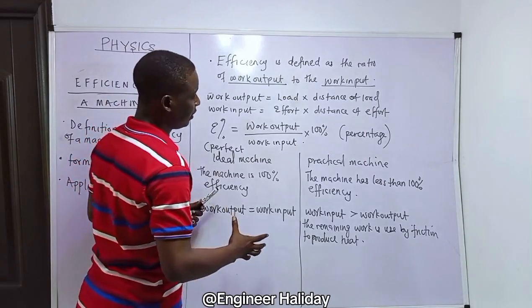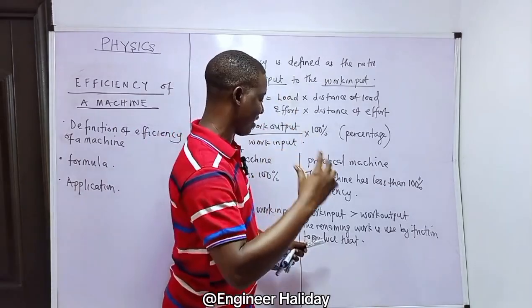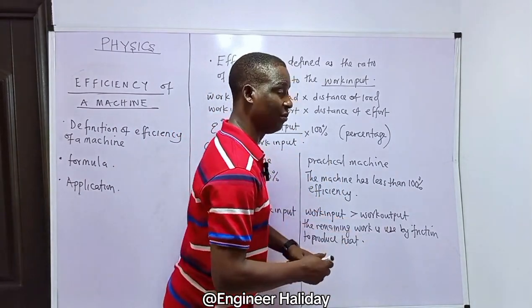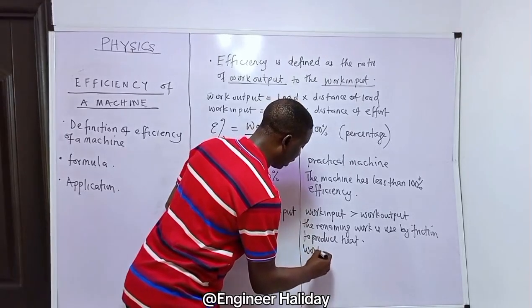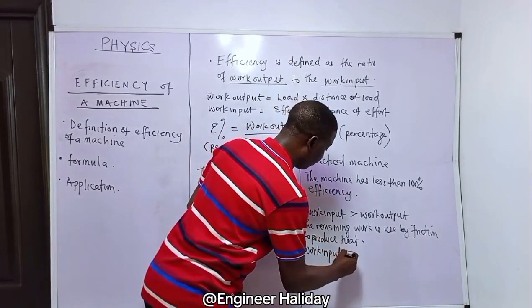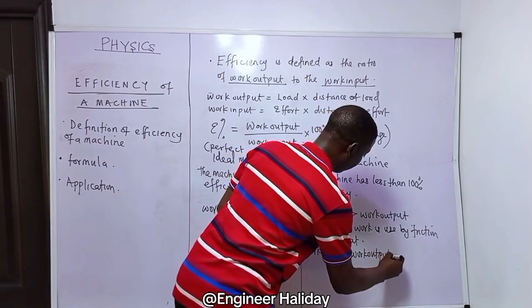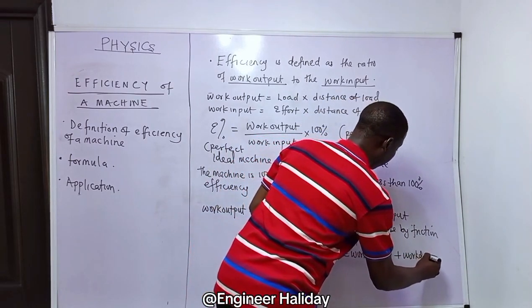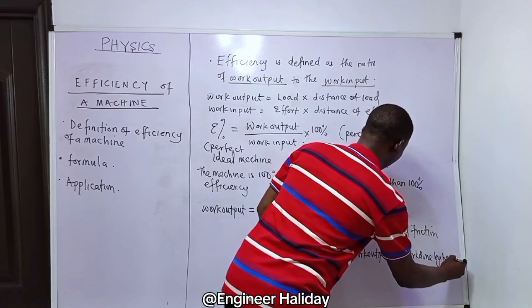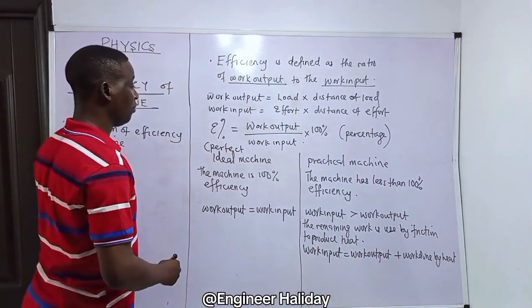So the working parts, the rubbing parts, the moving parts produce friction, which makes the work input greater than work output. So work input is equal to work output plus work done against friction. So that is the efficiency of the machine.